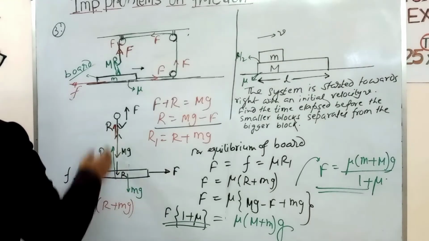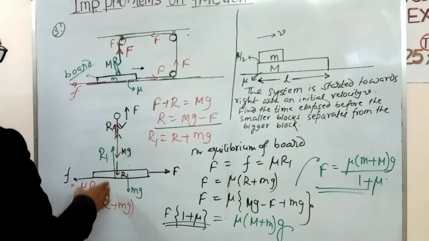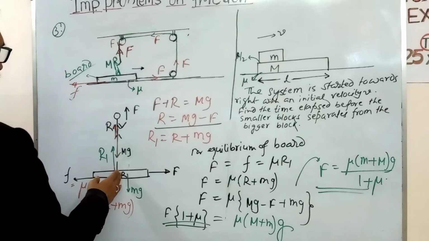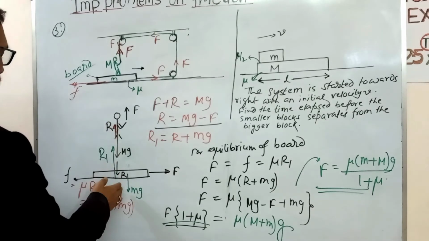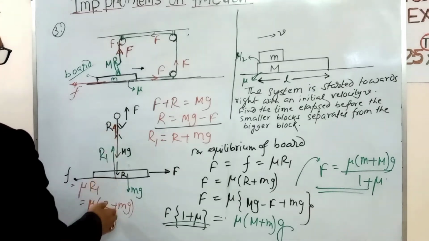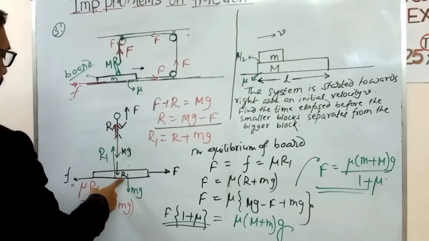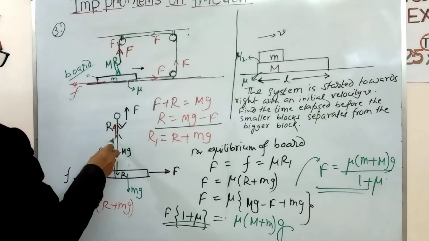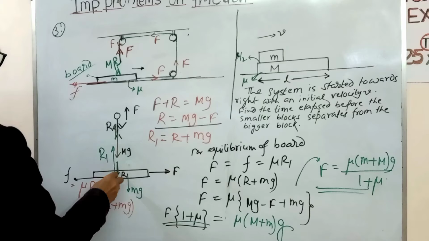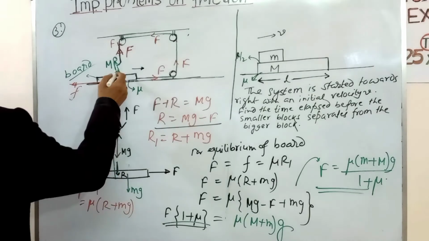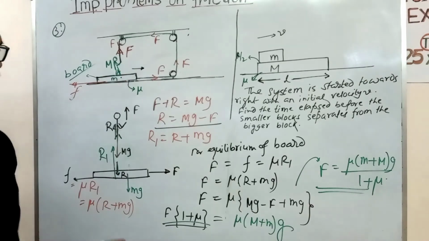Now if we consider the equilibrium of the board, which has no acceleration or movement along this direction, this will be R plus mg. Here R is the action and this is the reaction. R comes from the contact between the man and the board.